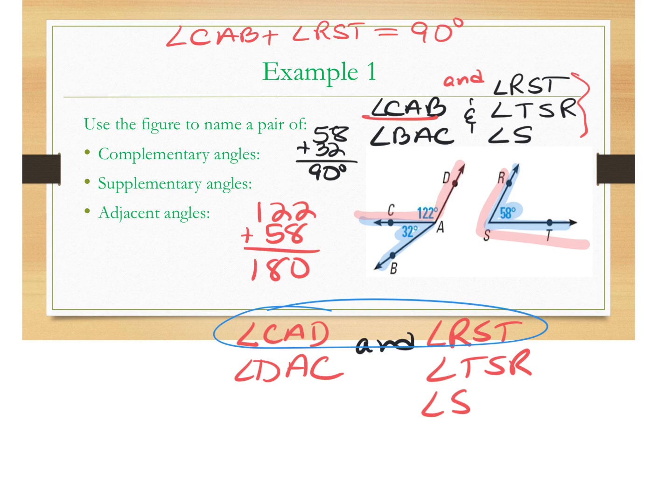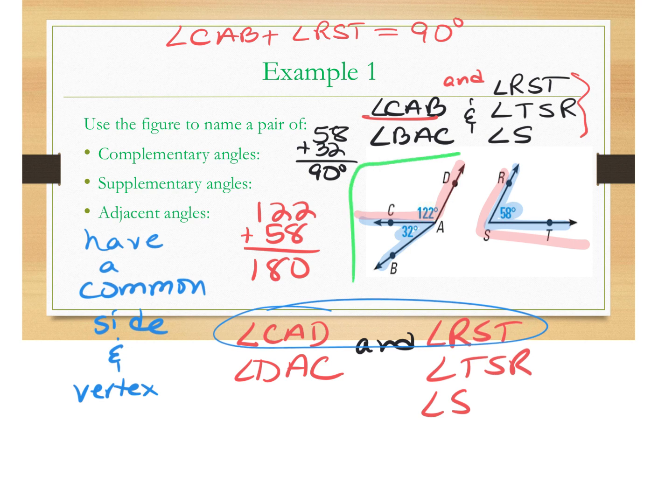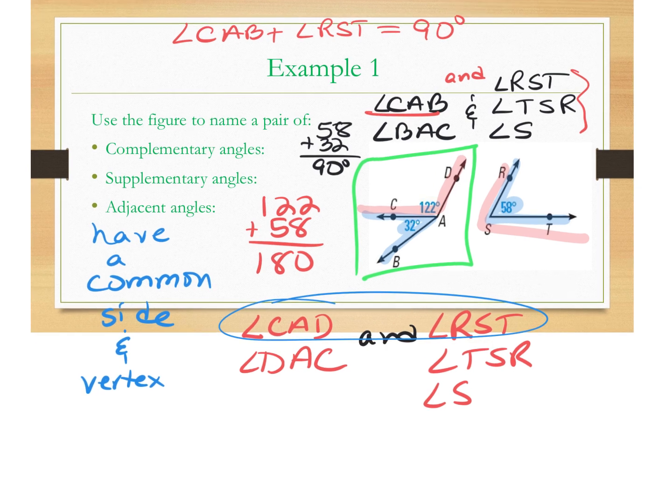All right, next, it wants adjacent angles. So remember, for 2 angles to be adjacent, they need to have a common side and a common vertex. So common side and vertex. So the angles that are adjacent in this picture are going to be these two. And again, I need to name them with 3 letters.